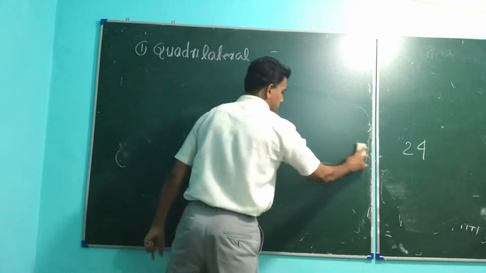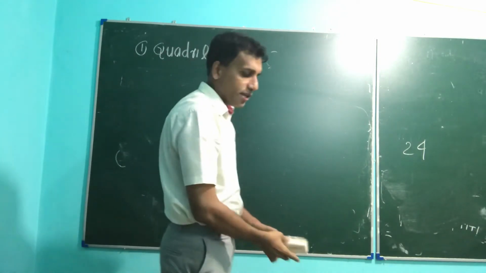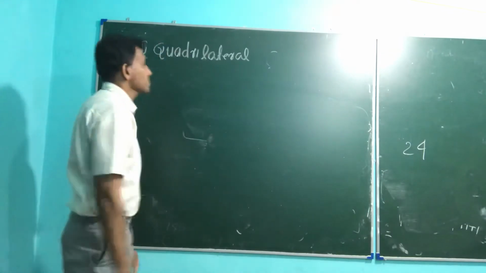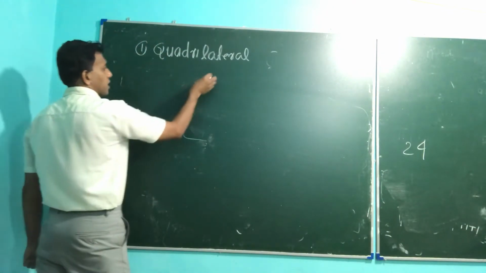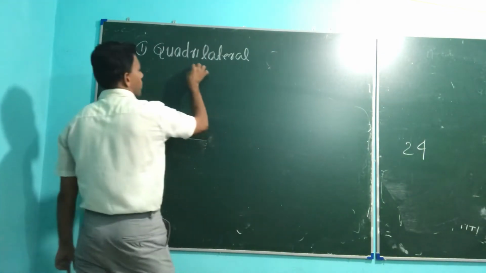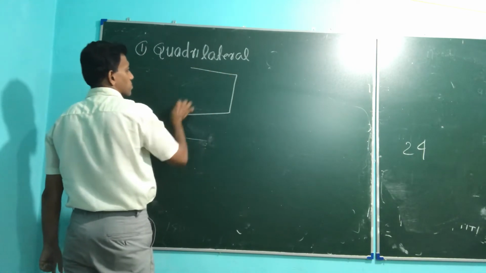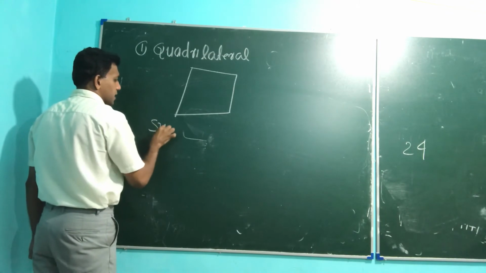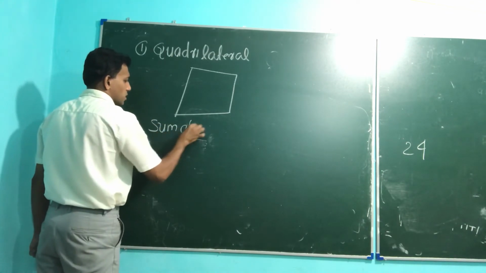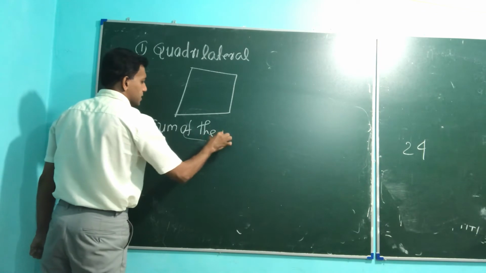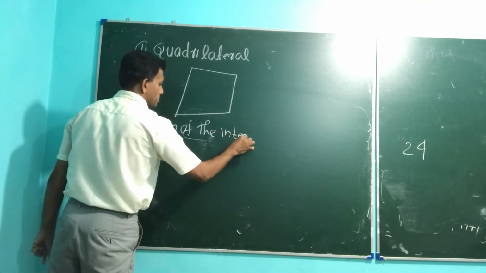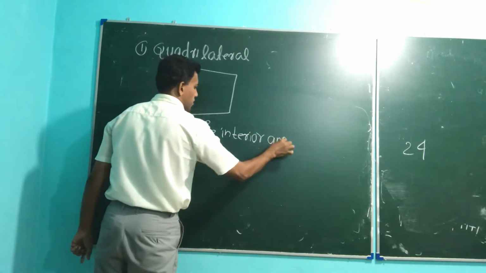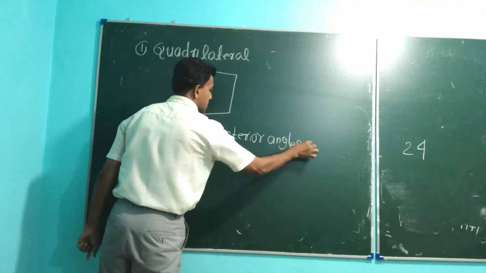360 degrees is the quadrilateral. So here we see the answer. If I draw a diagram, the sum of the interior angles.